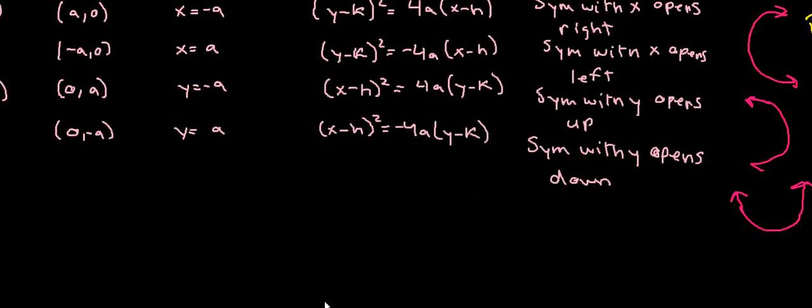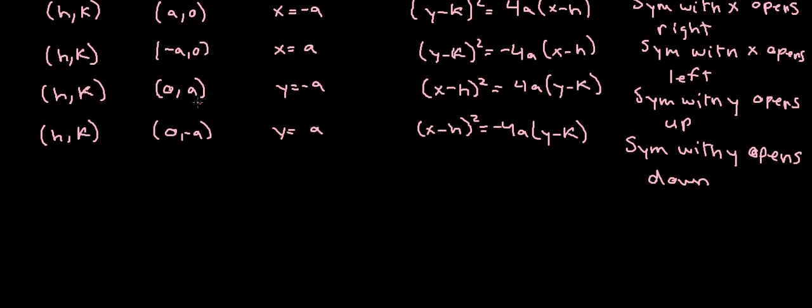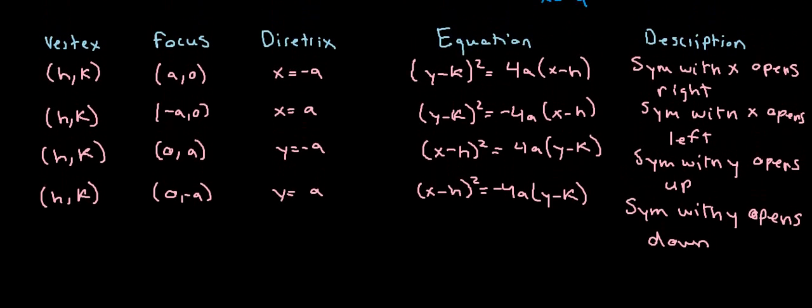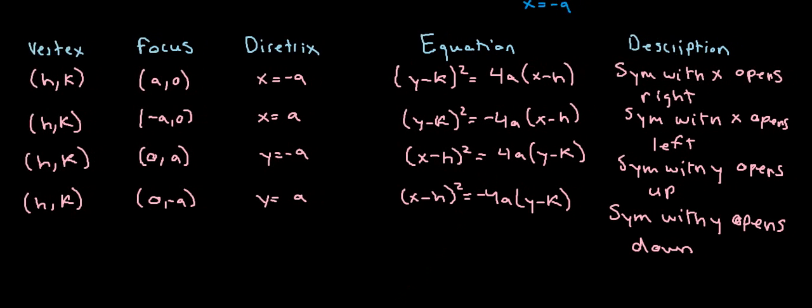If I go over here to the chart, you can see that's exactly what I did. It's centered at h,k. The focus, instead of being a0, is now 0a, because it will be a positive y value. And the directrix, as a result, will be a negative a value. And here is the formula, and I can see that I got it correct.